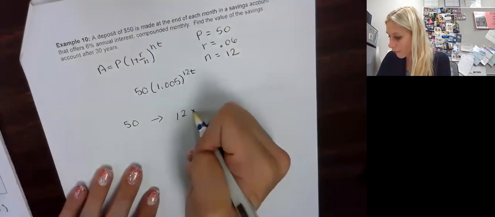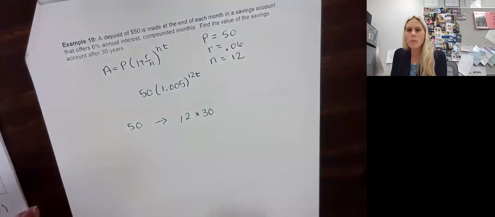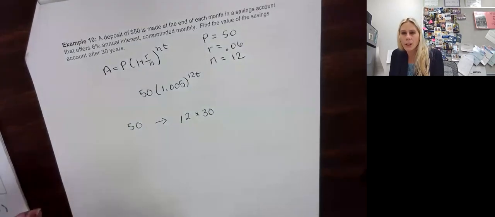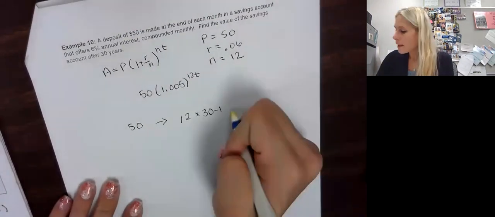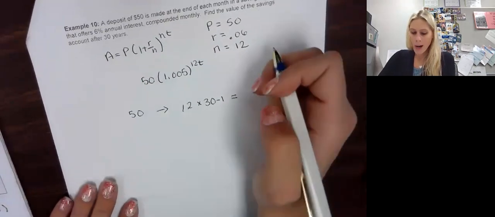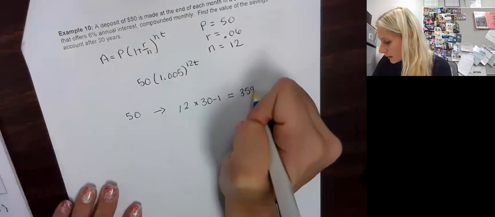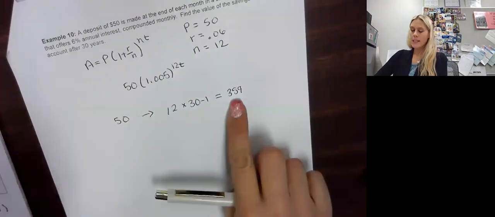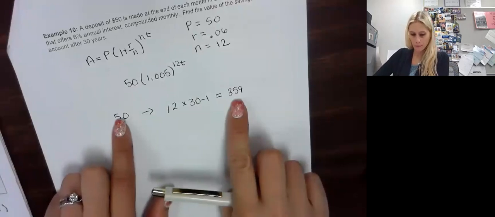We're doing that for 30 years, but we have to keep in mind, do we put in interest that first year? No, it's at the end of the year. So we actually have to subtract 1 from this. This allows us to know how many months, so 359 months is adding our interest on the original $50.